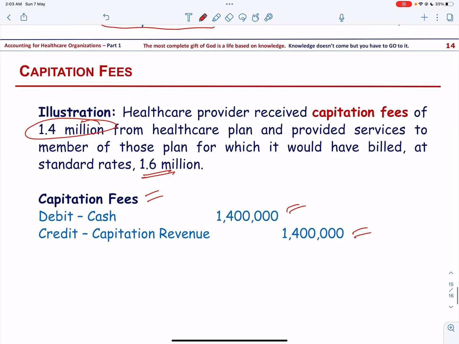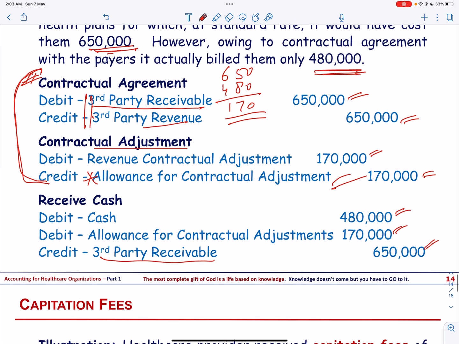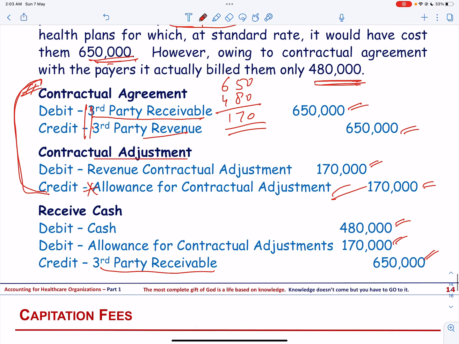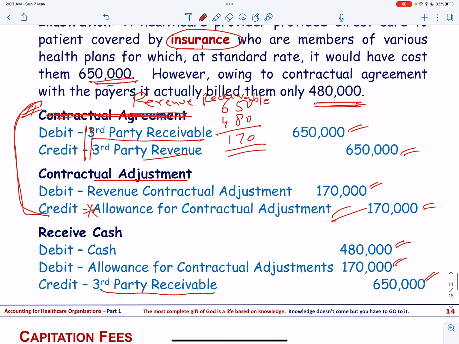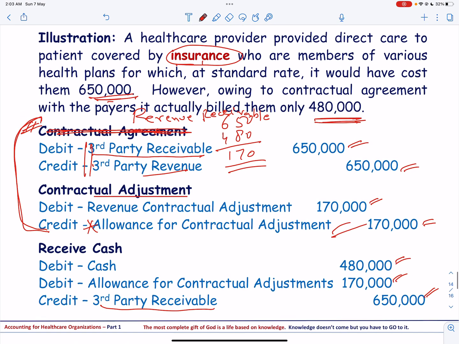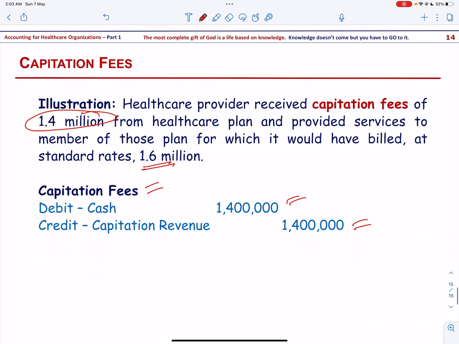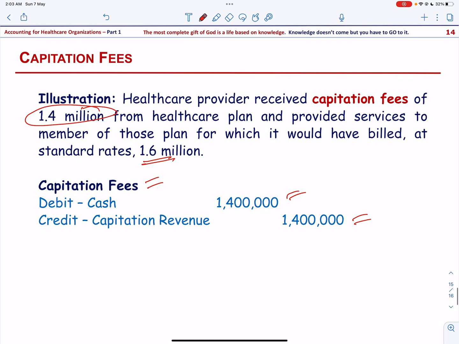So in total there are three transactions over here: the contractual adjustment, the revenue, and the receivable. So in case of contractual agreement, there are three entries, and in case of capitation fees, there is only one.